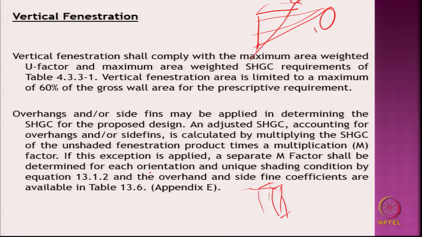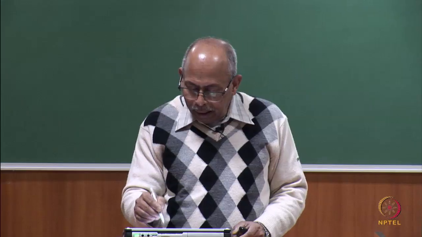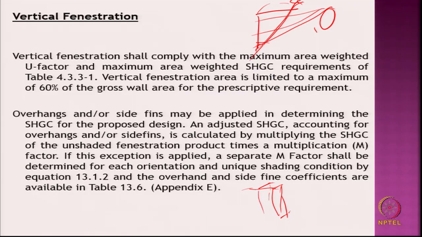I am not sure whether I have included this in this part of the course, but we will see. But essentially you can find out how much area, for example, this is my overhang, the sun is here. So, this portion will be shaded, and this is the portion through which the sun rays will come. So, the area available is only this portion of the window.